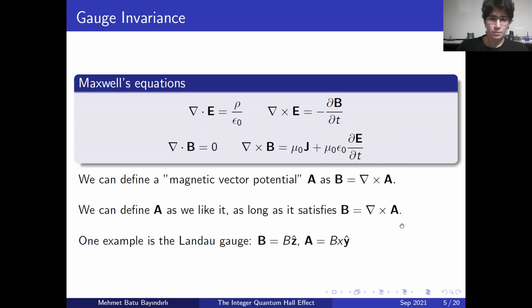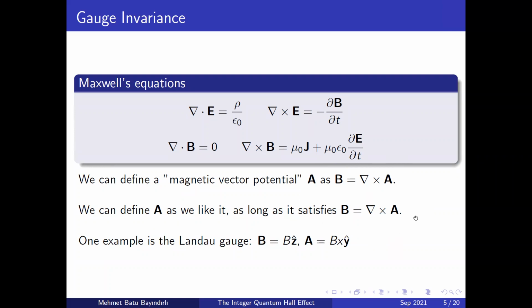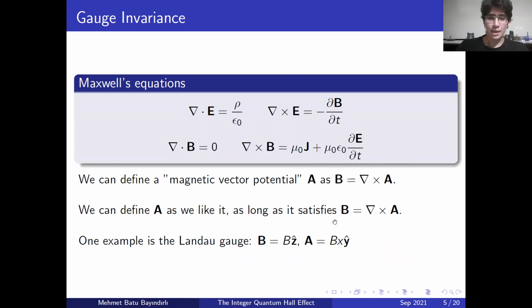If we choose a specific A, the computations will be easier compared to another selection of A. One example of a magnetic vector potential, which we call a gauge, is the Landau gauge. When the magnetic field is upward pointing, we can define A to be this value, and when we take the curl of it, we get this B. This is called the Landau gauge. We could have defined other gauges, but we'll use this one.